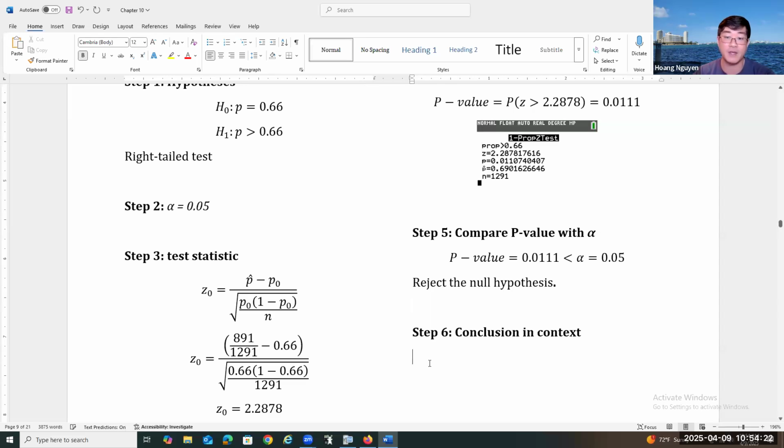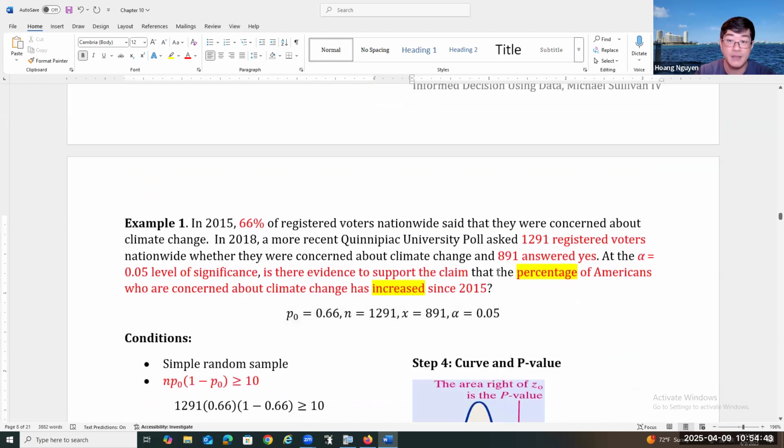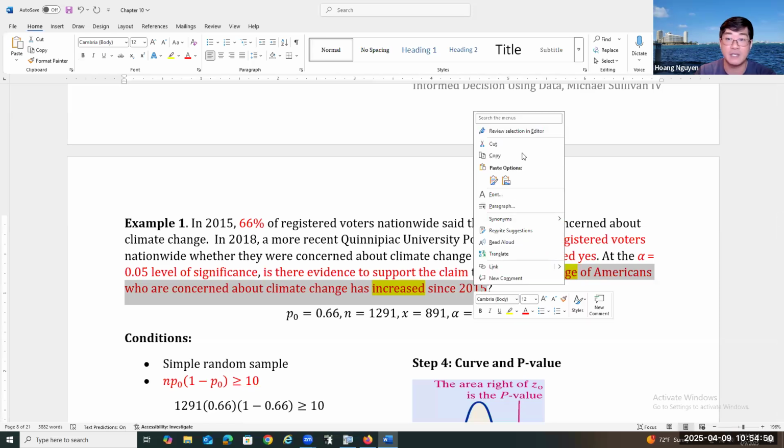So for the final step over here, we're going to say there is sufficient evidence to conclude that... we have enough evidence to support the alternative hypothesis. So there is sufficient evidence to conclude that the population proportion, the percentage of Americans who are concerned about climate change, has increased since 2015.